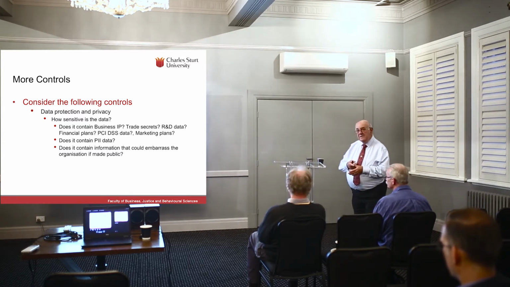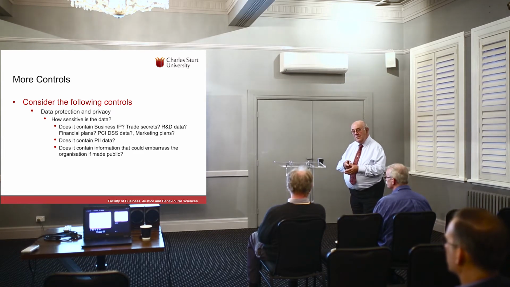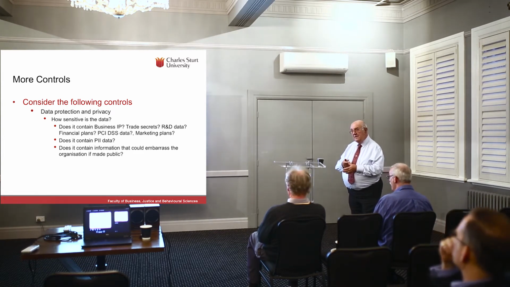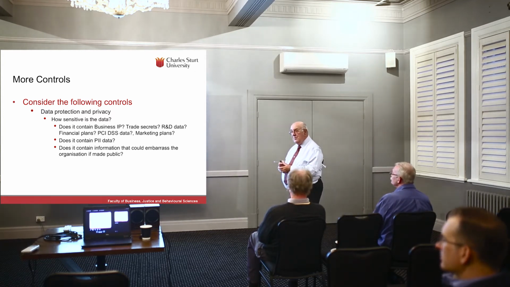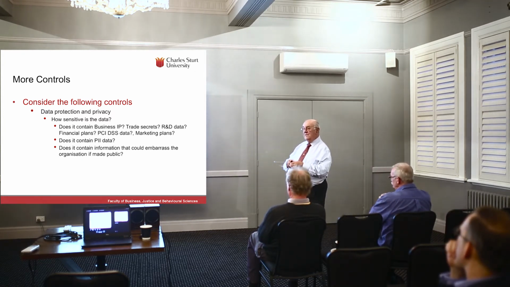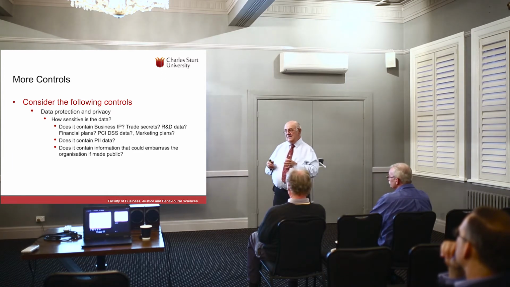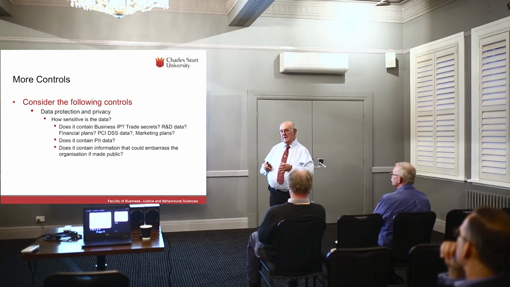What about your marketing plans? Your competitors would probably love to see your marketing plans and how you're planning to do things. Has any of your data contained PII data, that personally identifiable information? Because that's the thing that's going to cause you real problems come February.